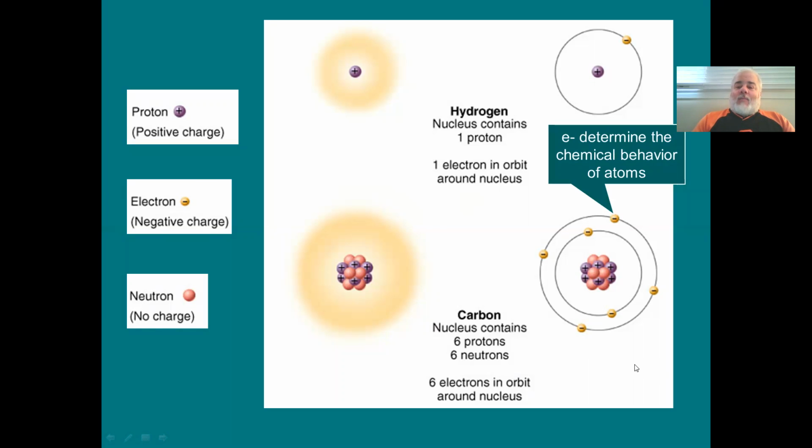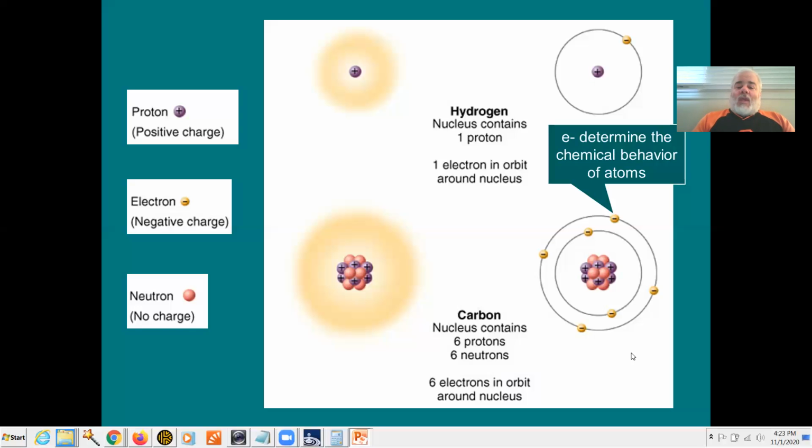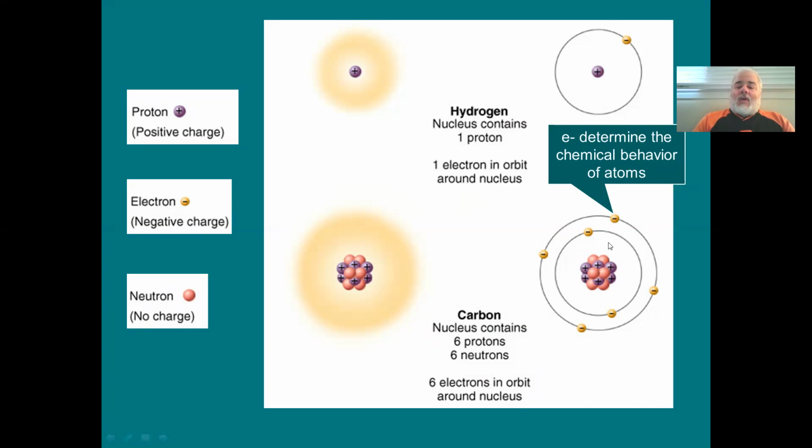For a stable non-ionic atom with equal charges, we have 6 protons, or 6 positive charges in the nucleus, and 6 negative charges surrounding as electrons.